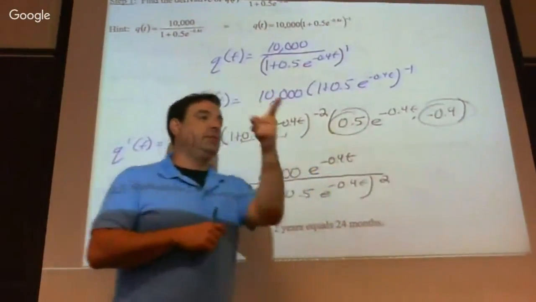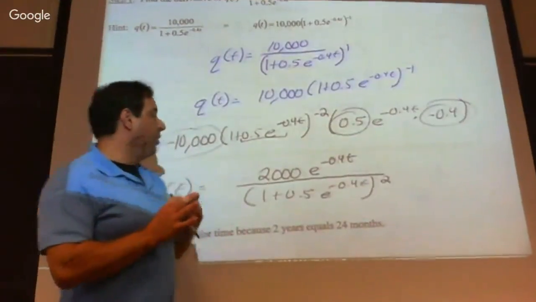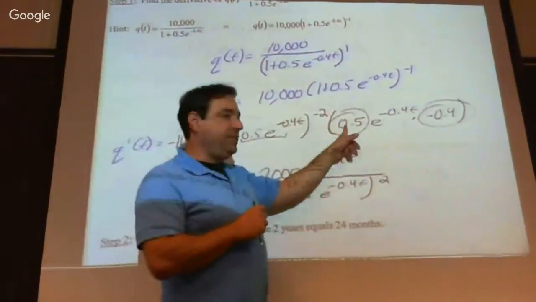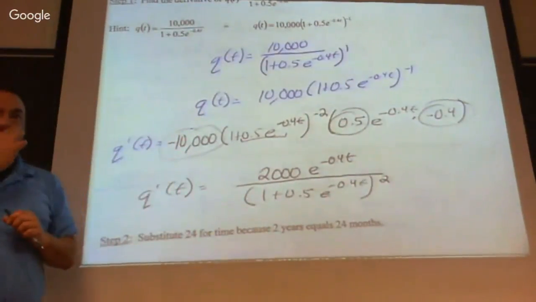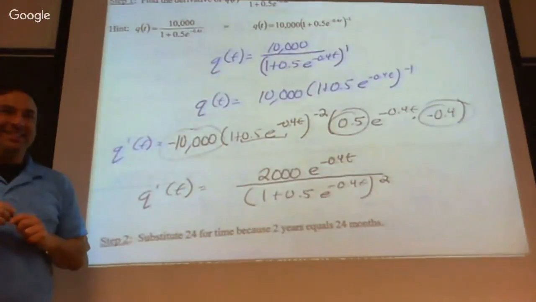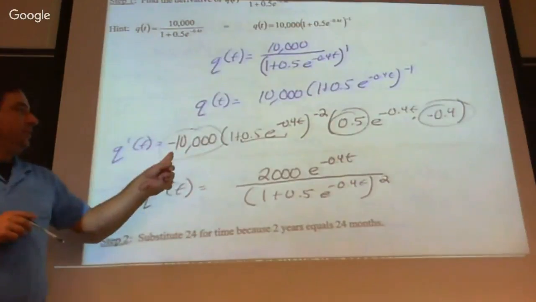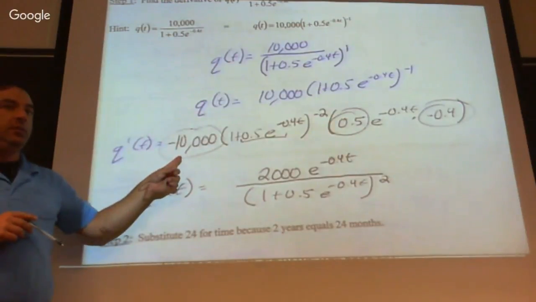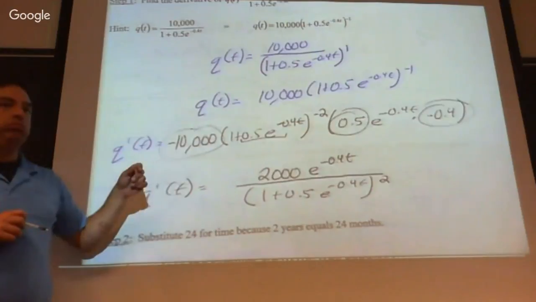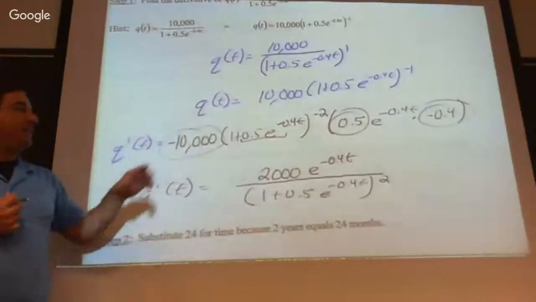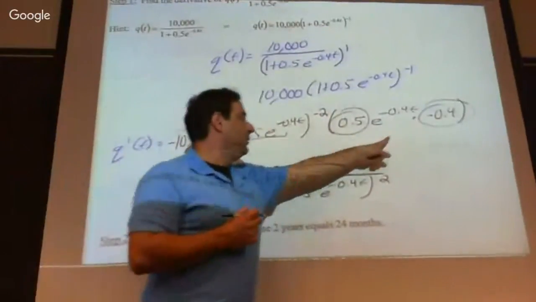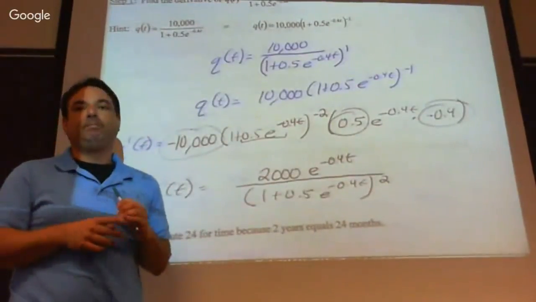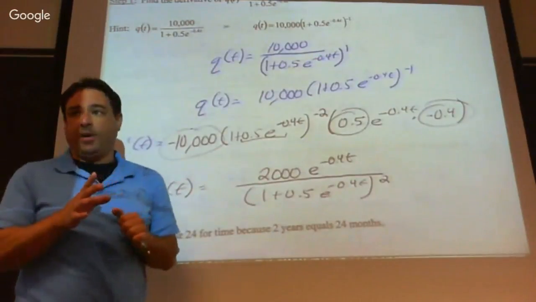So this times this is all 2,000. You would not do -10,000 times 0.5 plus -10,000 times -0.4. There's no plus anywhere. If I just took this and moved it next to that, it's just 3 things being multiplied.